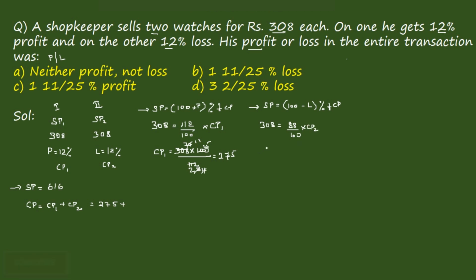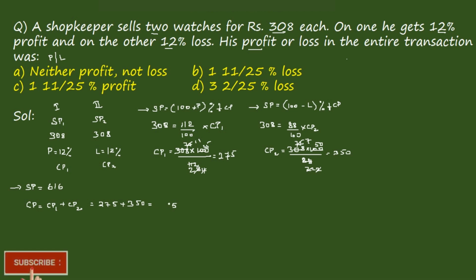Then cost price 2 is equal to 308 into 100 by 88. By 4 it goes 22 and 77, by 11 it goes 7 and 2, it goes by 50, which is equal to 350. So we got the cost price 2, which is equal to 350. Then total is equal to 5.